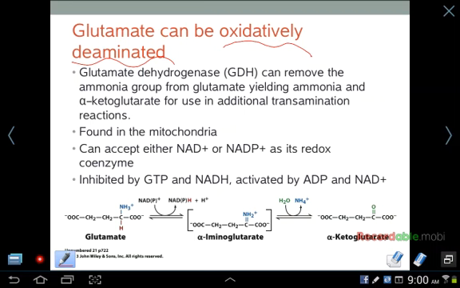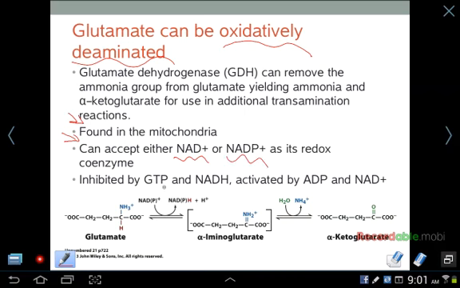Glutamate dehydrogenase is the enzyme that governs this, and it can remove the amino group from glutamate, yielding ammonia and alpha-ketoglutarate again, so that it can be used for additional transamination reactions. This enzyme is found in the mitochondria. It's one of the few enzymes that can accept either NAD+ or NADP+ as its redox coenzyme.